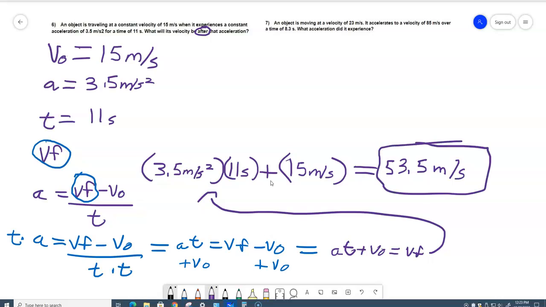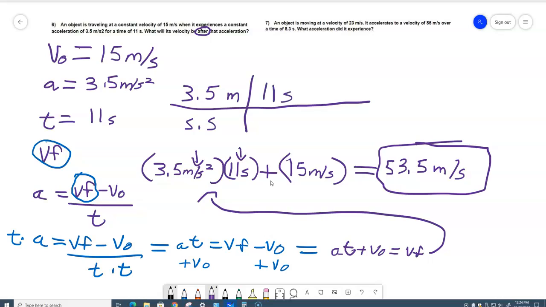Now you are probably wondering about these units here along with these units. Think of it like this: 3.5 meters over seconds times seconds, and then I have 11 seconds up here. Remember when I was teaching you dimensional analysis, this is where it really helps a lot, because since I have a second here and a second here, I can cancel those out.